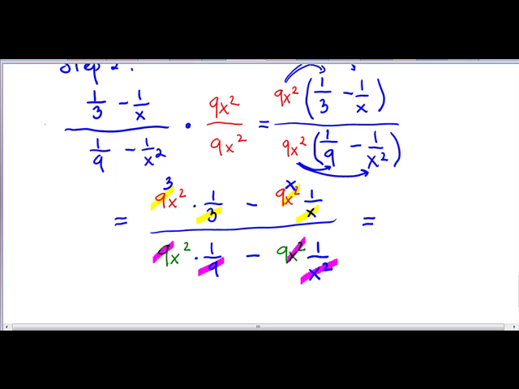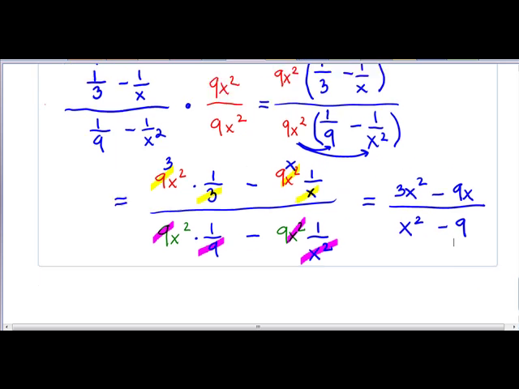So the next step is multiplying remaining factors. So 3 times x squared is 3x squared minus 9x over x squared minus 9.